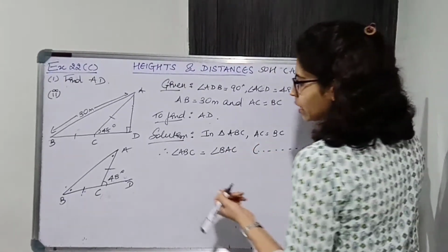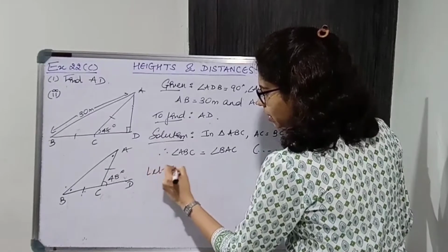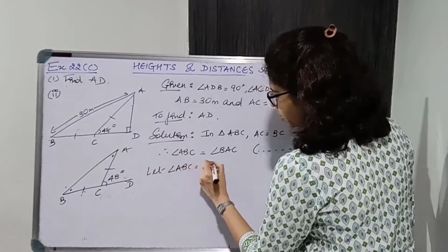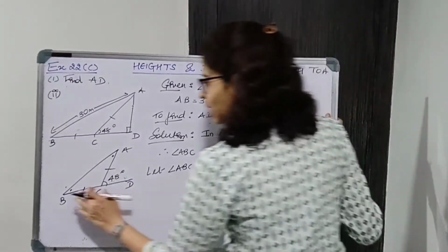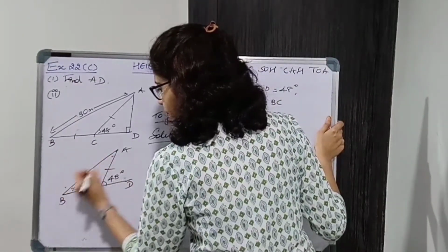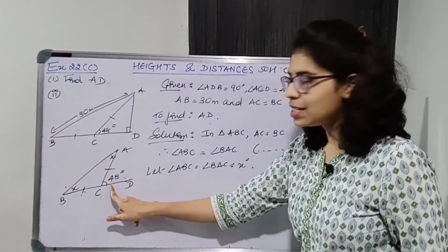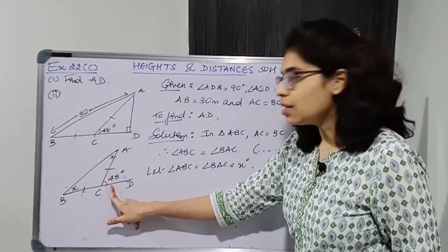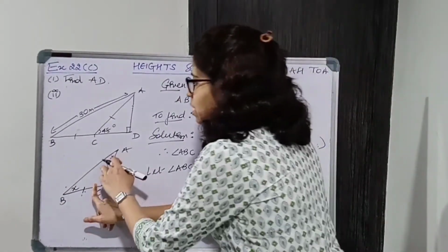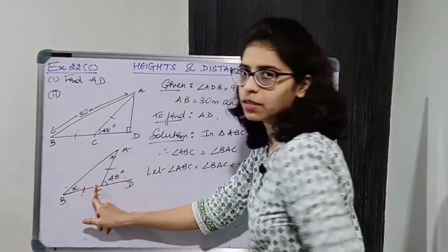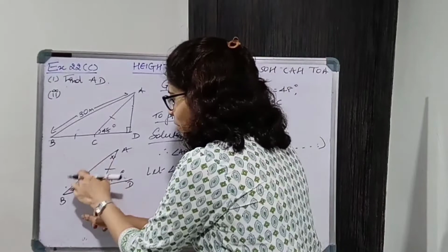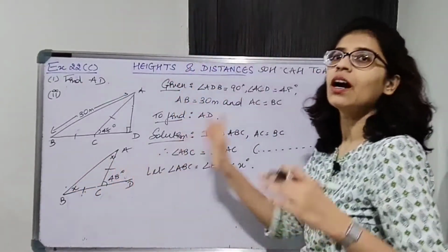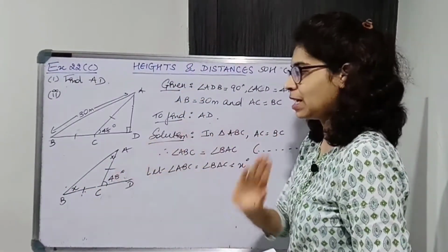Okay. Now let angle ABC equal to angle BAC be equal to x degrees. Okay, we are assuming both the angles to be x. Now we know exterior angle of the triangle is equal to the sum of the interior opposite angles. Okay, leave the neighboring, and the remaining two angles, okay, unka sum is equal to the exterior angle.